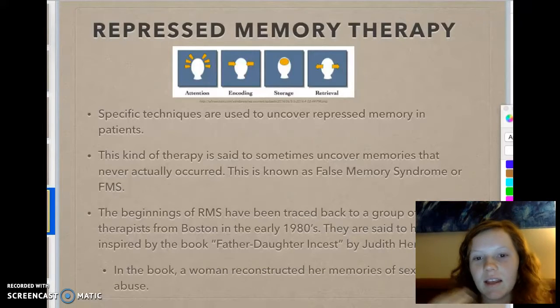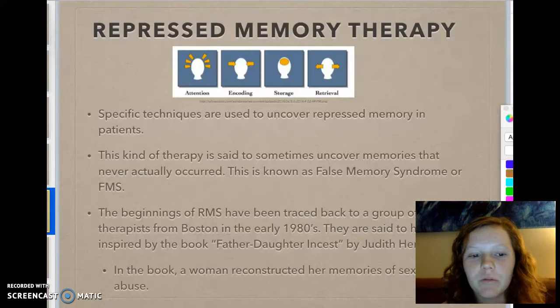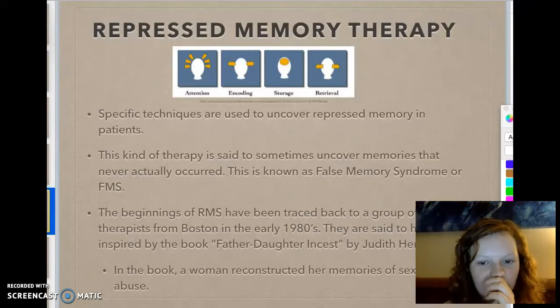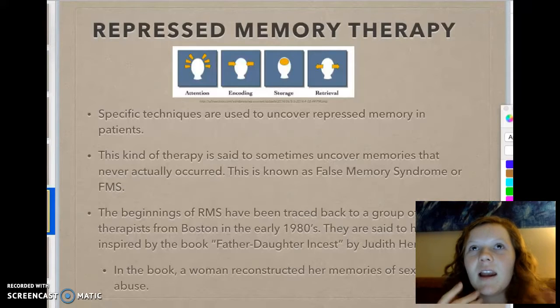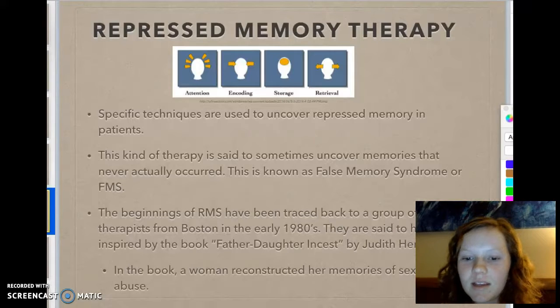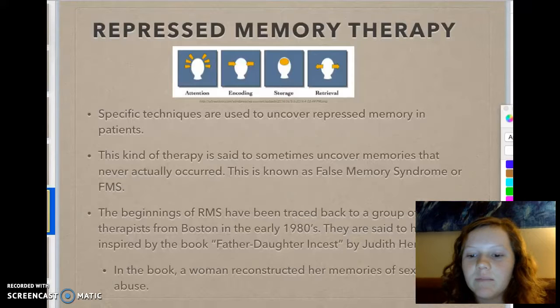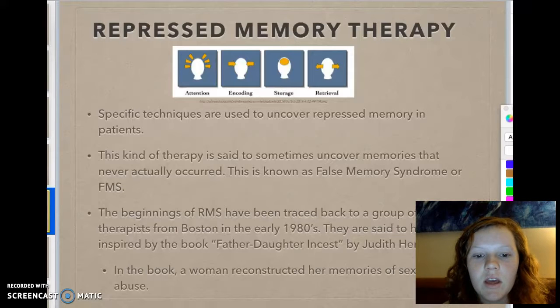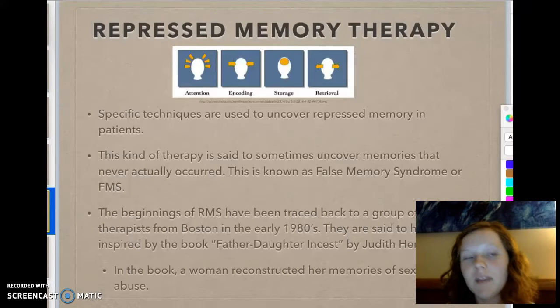And so, kind of the history of repressed memory therapy, there wasn't one specific person who came up with it, but it was a group of therapists in Boston in the early 1980s. The book that inspired them was Father-Daughter Incest by Judith Herman, and it was about a woman who reconstructed her memories of her childhood sexual abuse. So these therapists came up with repressed memory therapy to help other people.